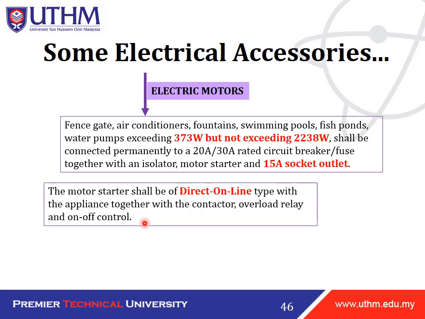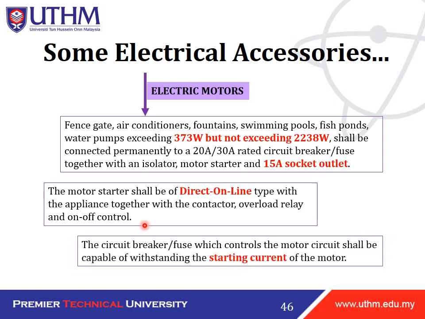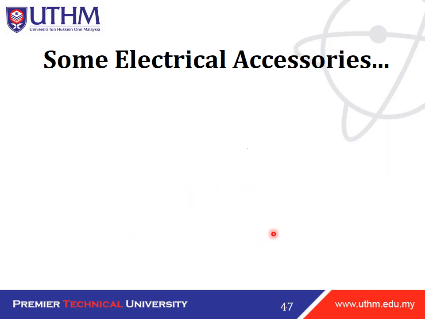The motor starter shall be of direct online type with the appliance together with the contactor, overload relay and on-off control. The circuit breaker or fuse which controls the motor circuit shall be capable of withstanding the starting current of the motor.